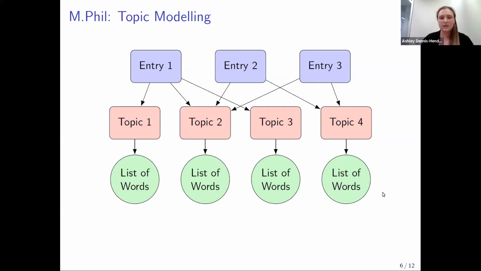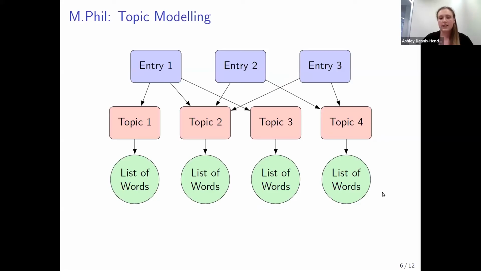So we then looked at topic modelling. Topic modelling is based on the idea that every document is created from a series of topics, and those topics are made up of a list of words. If you considered the sentence, the cat is happy but the dog is sad, you might have two topics, animals and emotions.